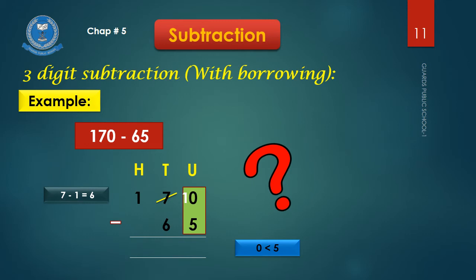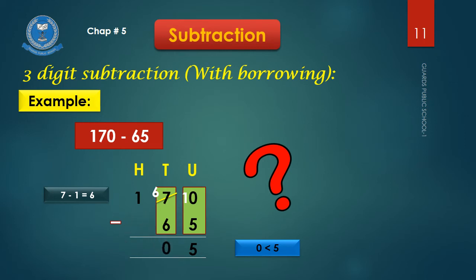So 7 will become 6. Now 10 minus 5 is 5. Now in the tens column we have 6 and 6. If we subtract 6 from 6, we get 0.